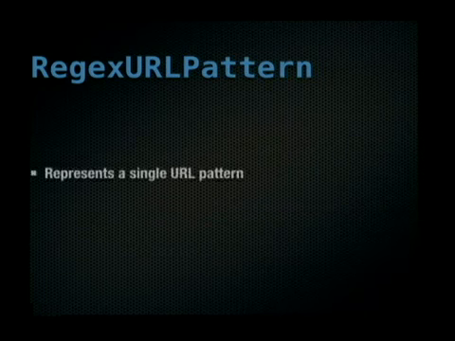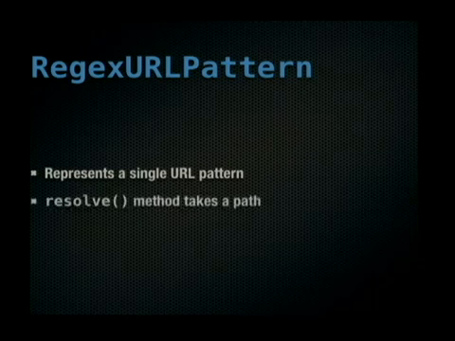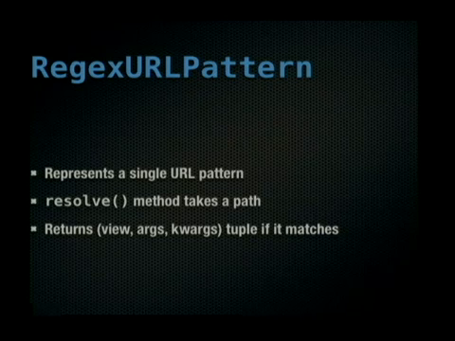Basically what this does is go through a list of RegexURLPatterns, which is what you're creating when you set up your URLs and call that little patterns function and pass it a list of stuff. Each one of them represents a single URL pattern. Each one of them has a resolve method, which takes a path. Each one of them says, do I match this path? And returns a tuple of the view, positional arguments, and keyword arguments if it does.